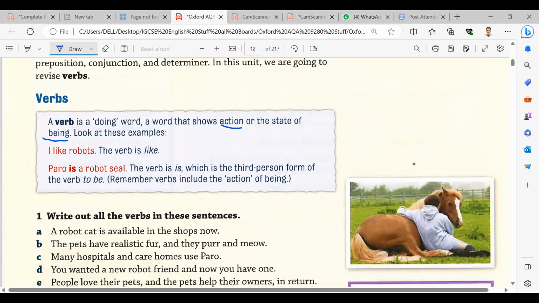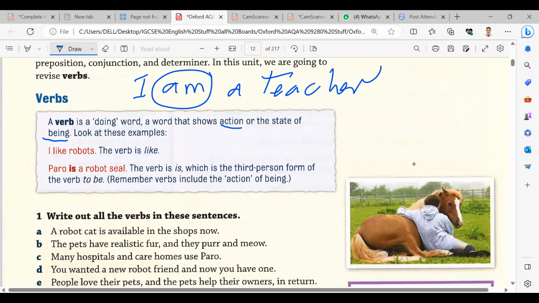The verb may be a state of being or an action. When I say "I am a teacher," what is the verb? Where is the verb? Am, excellent. What type of verb is this, action verb or state of being? State of being. Exactly, state of being. Okay?